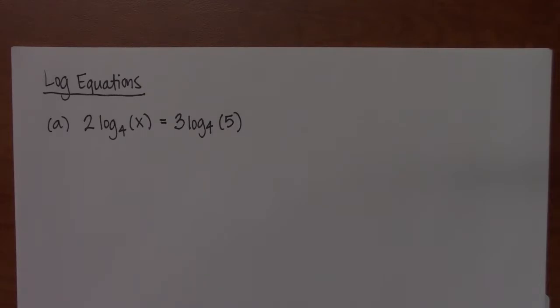So there's actually a rule very similar to, like we said, if we have b to the n equals b to the m, and the bases are the same, we can actually set the exponents equal to each other. So there's a similar property for logs.